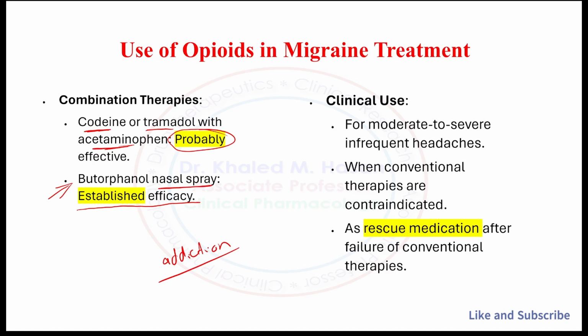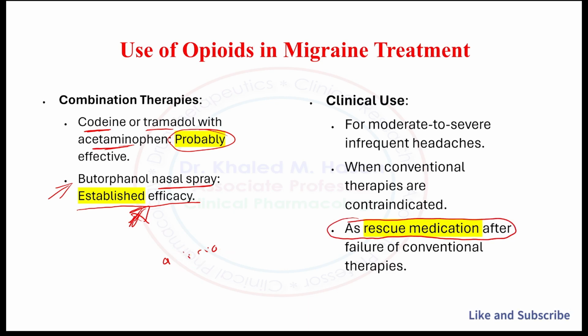So number one, we have codeine, tramadol, and acetaminophen as probably effective treatment. The butorphanol nasal spray has established efficacy. They documented the effectiveness of this medication. We need to keep this medication as a rescue therapy. What does that mean?